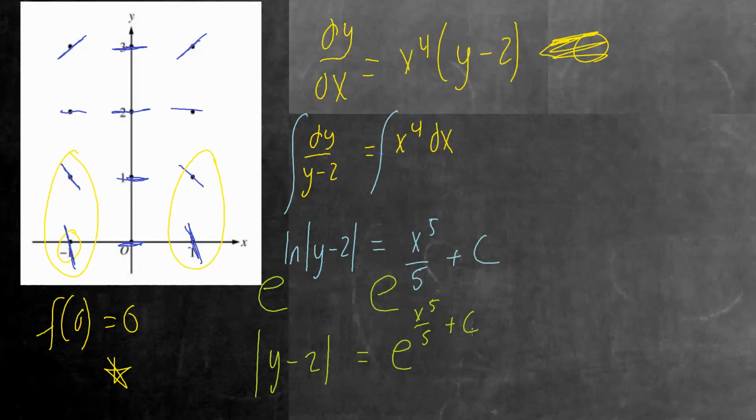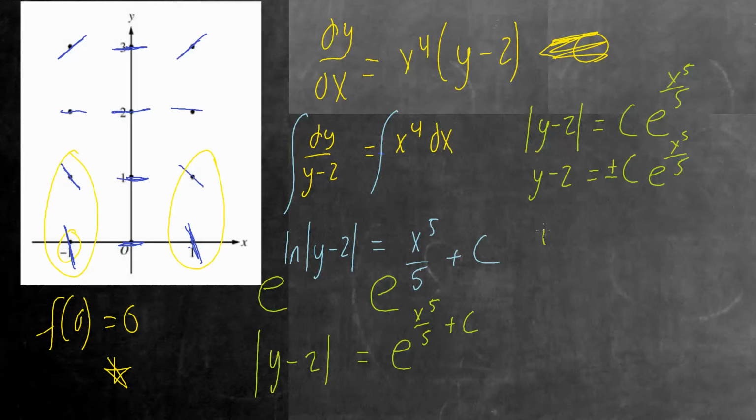That e to the c becomes c, so the absolute value of y minus 2 equals c e to the x to the fifth over 5. We can lose the absolute value because we can put a plus or minus here. So y minus 2 equals plus or minus c e to the x to the fifth over 5. C can be positive or negative, so we can absorb it. So y equals c e to the x to the fifth over 5.